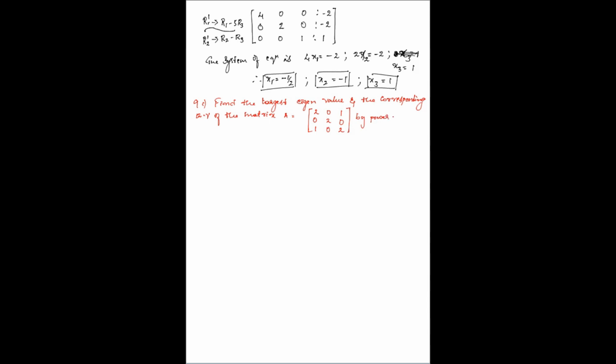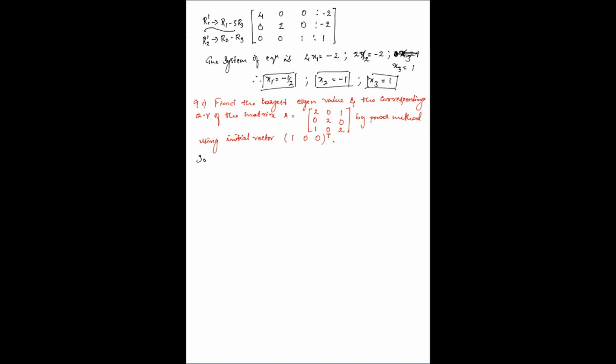It is called Rayleigh's power method. By the power method, they have only provided the initial vector. Using the initial vector [1 0 0] transpose.